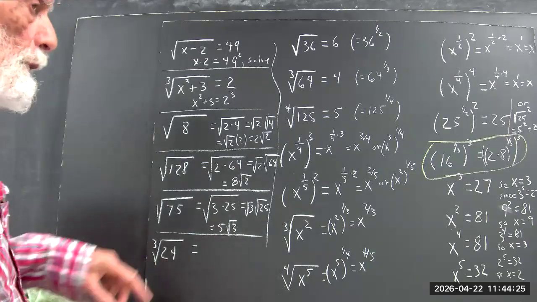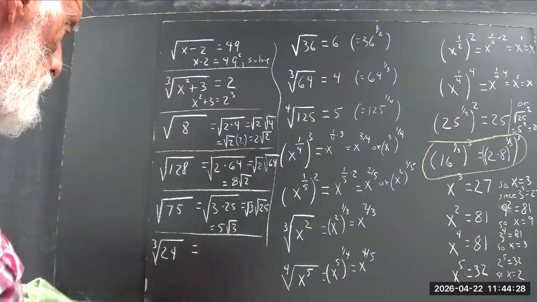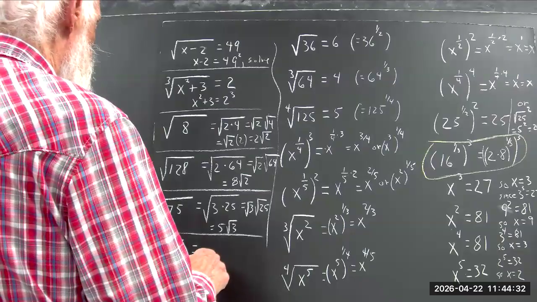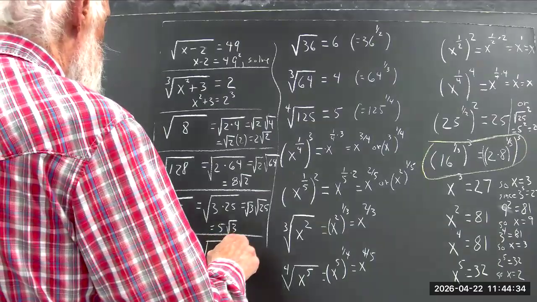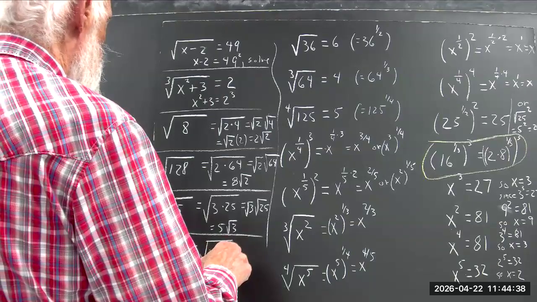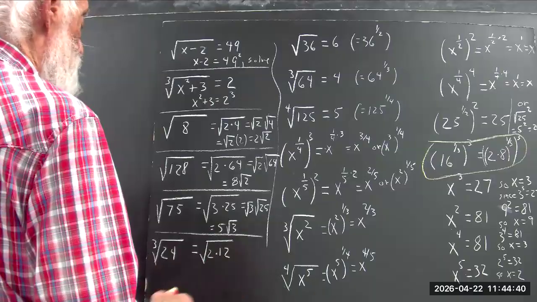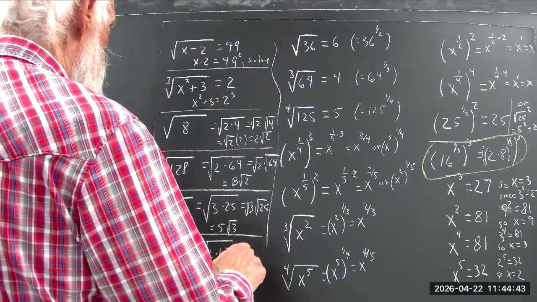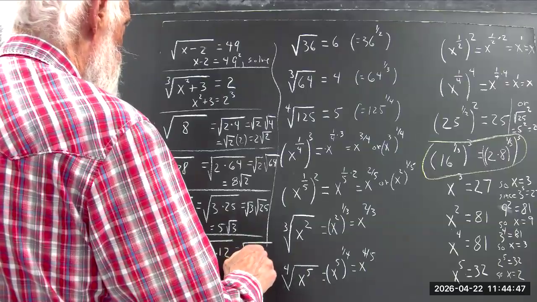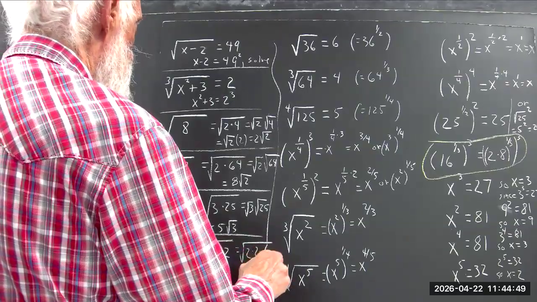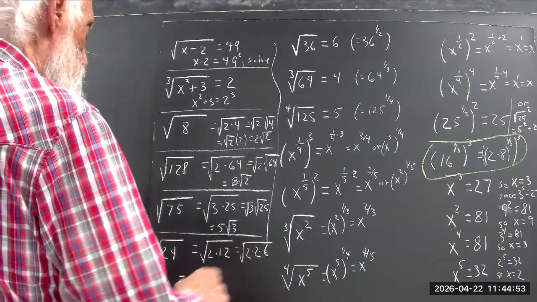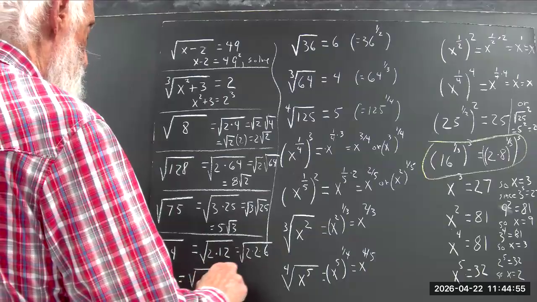What about the cube root of 24? Well, 24, if we do prime factorization, it's 2 times 12. That's not particularly helpful. The 12 is 2 times 6. And 6 is 2 times 3.